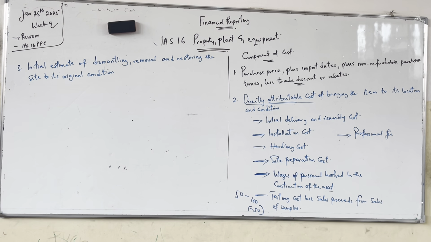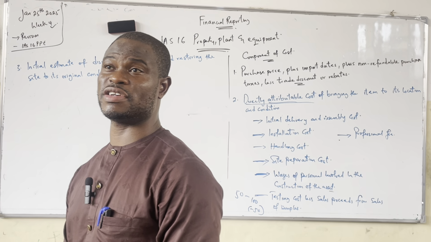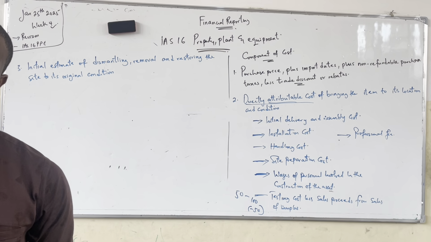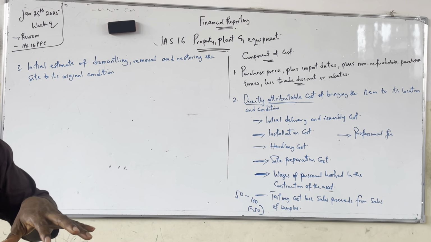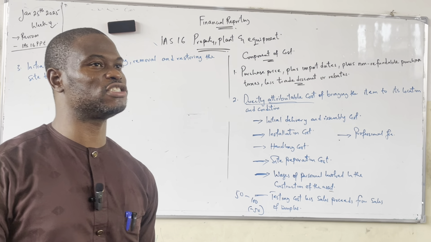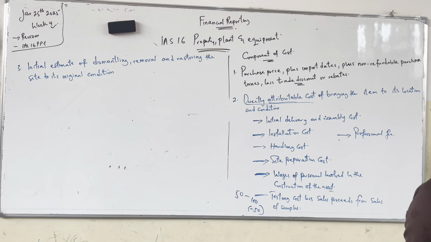And this is a situation where there is a requirement or an agreement with either the government or the community, or you as an entity are committed that at the end of the useful life of these assets, you are going to remove it from where it is. Okay?